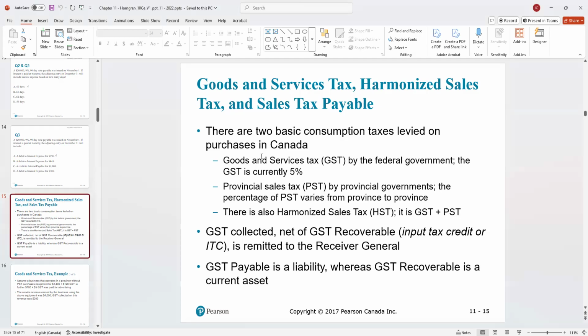So, in that sense, GST doesn't affect corporation income. It's not recorded as an expense for the company. It's not recorded as a revenue. Nothing. It's just goods and services tax which is collected from the company and paid by the company.